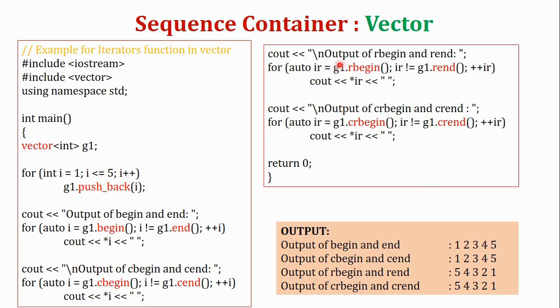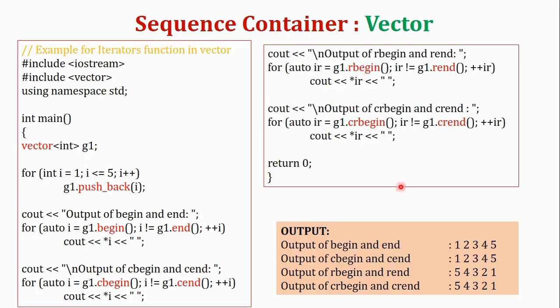And next we are going to show the output of the rbegin and rend functions. Now the for loop starts with rbegin. We are going to verify until r1.rend. So rbegin means what? It will start from the end, then automatically it goes in reverse order, right?